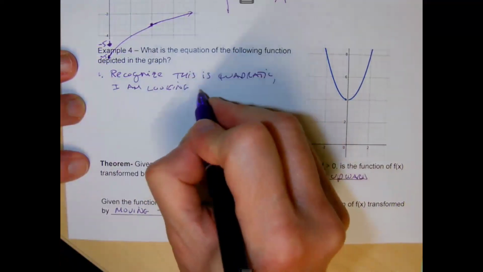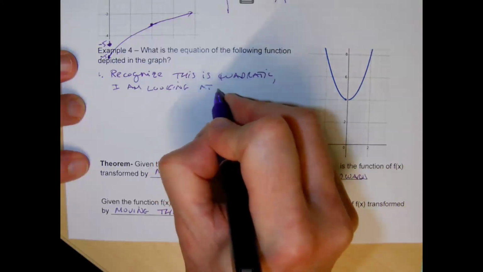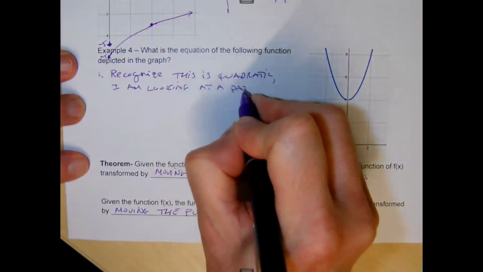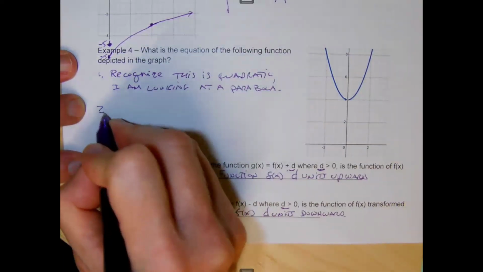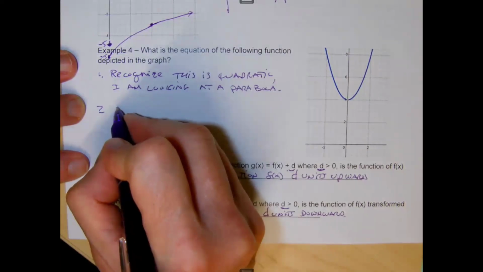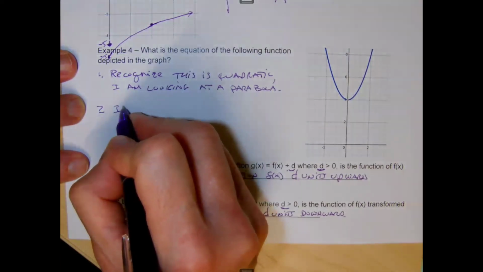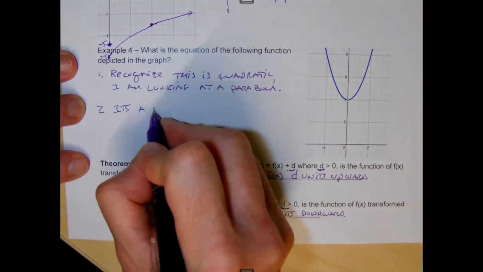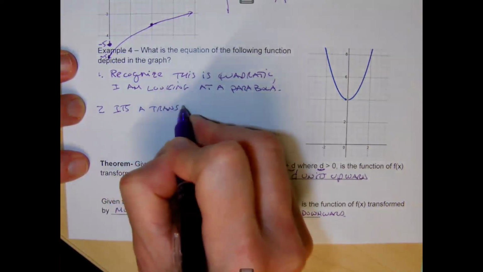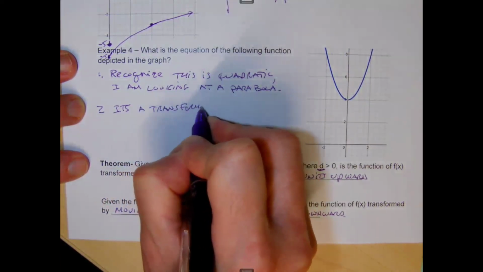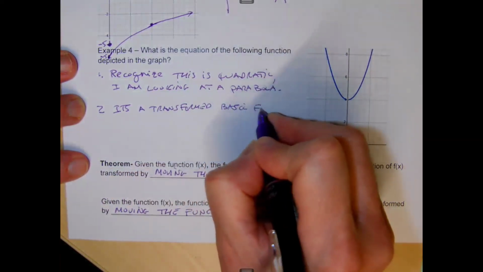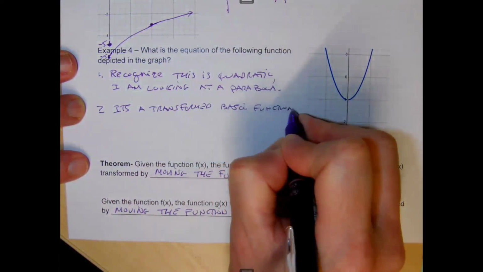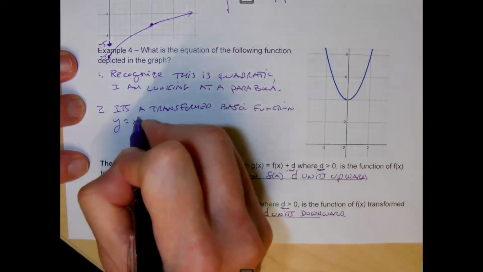The graph of a quadratic is called a parabola. 2, I recognize that the base is a transform of the basic function y equals x squared.